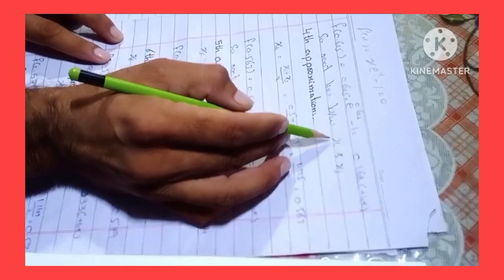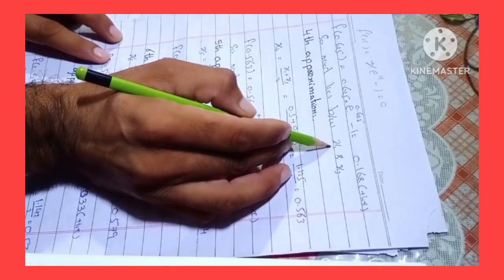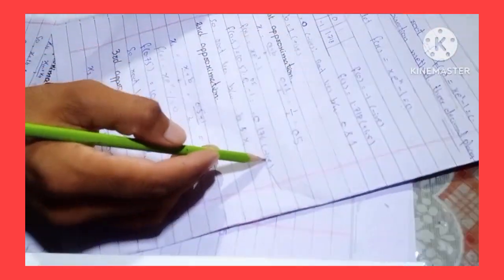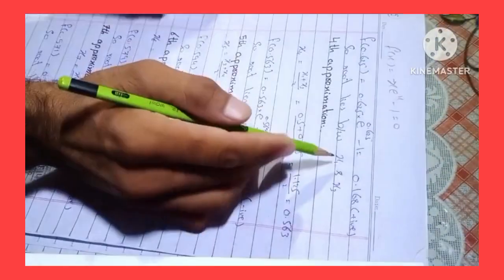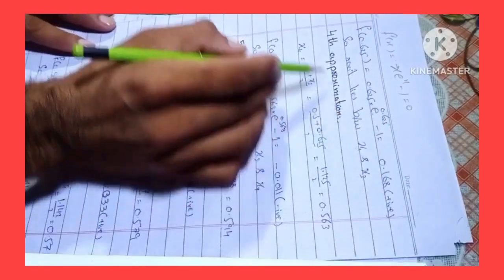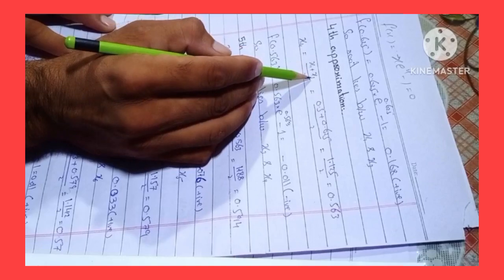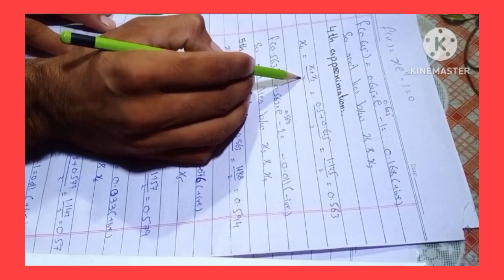So the root lies between x1 and x3, where x1 is negative and x3 is positive.